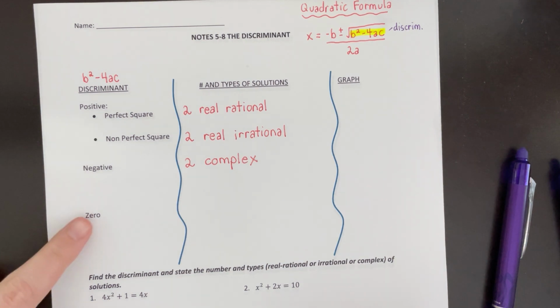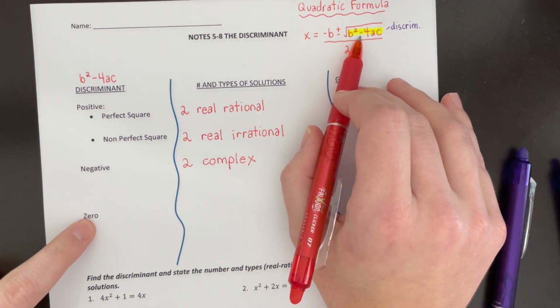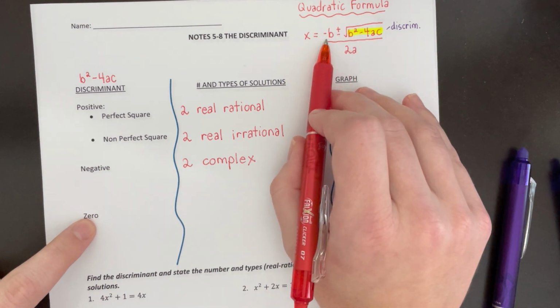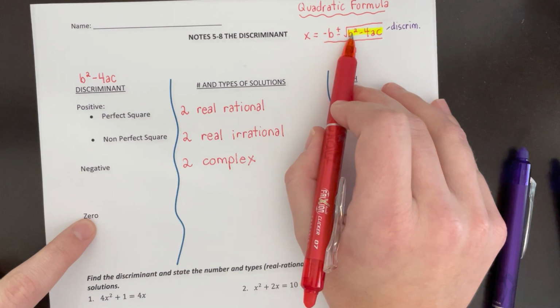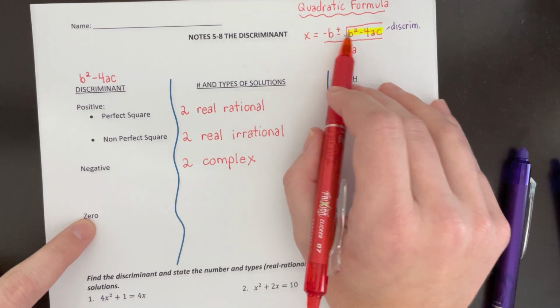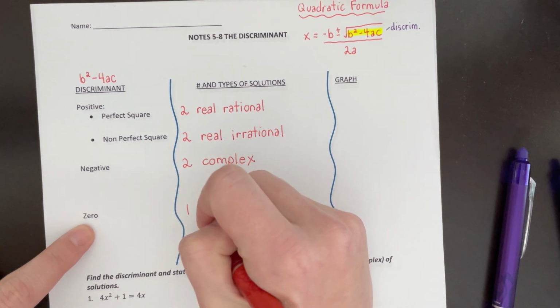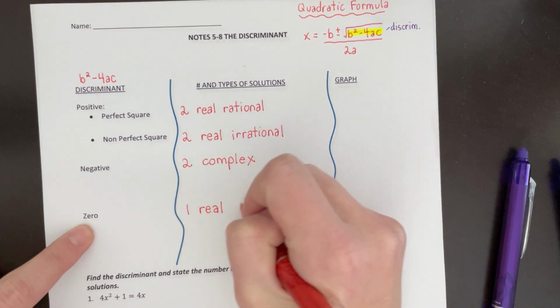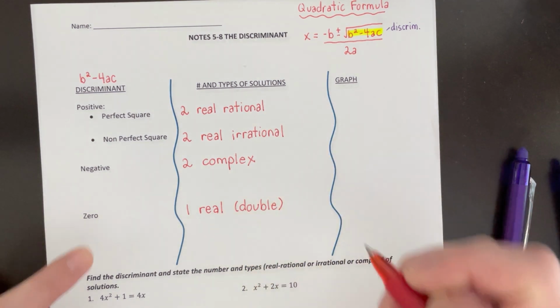All right, and when your discriminant is 0, think about it, y'all. What's the square root of 0? It's 0. So if you have a number here plus or minus 0, what's 4 plus 0? Oh, it's 4. What's 4 minus 0? Oh, it's still 4. So we call this one real solution, and we call it a double because you will get the same solution twice.